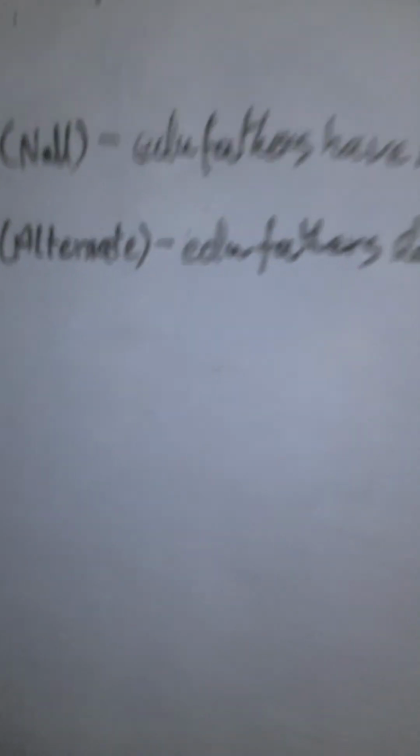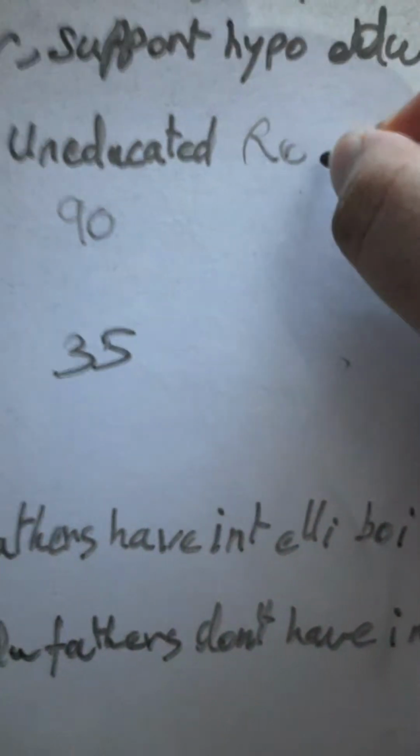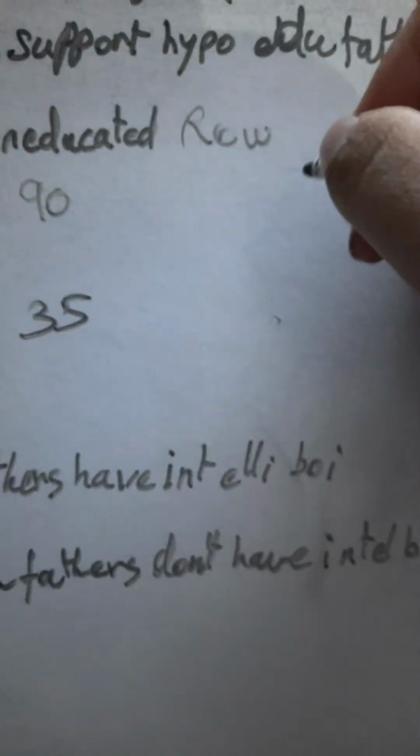After that, we have to find the expected frequencies. First, we have to find the row totals, column totals, and grand total. Let me show you the row total.